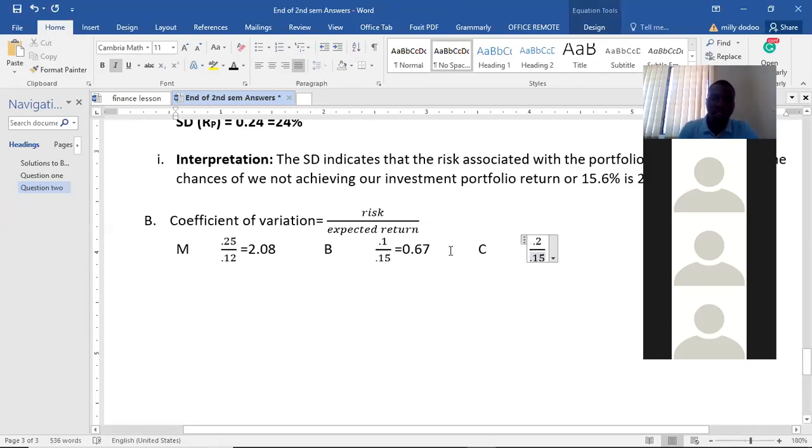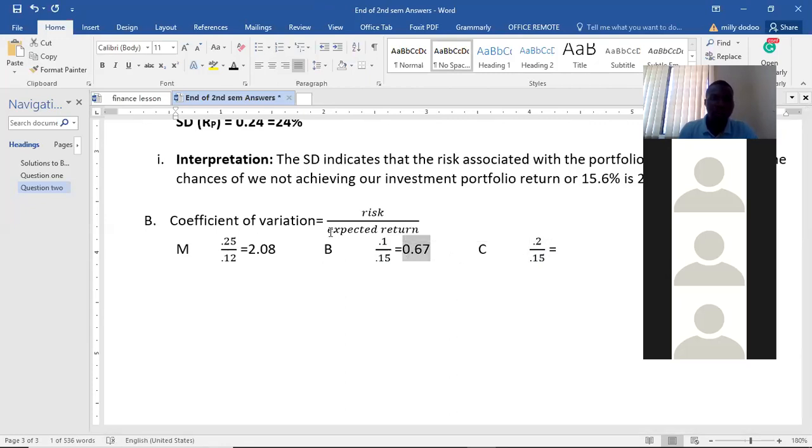This one is 0.67, right? Yes, good. Then the last one is how much? 1.3333, maybe 1.3 or something.